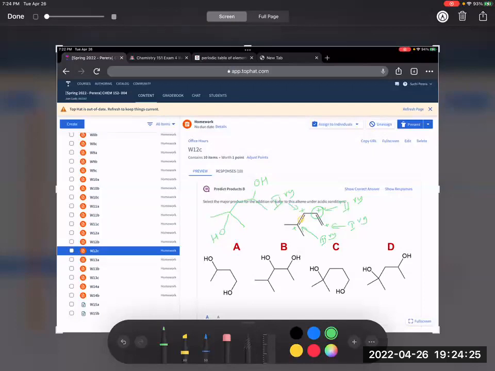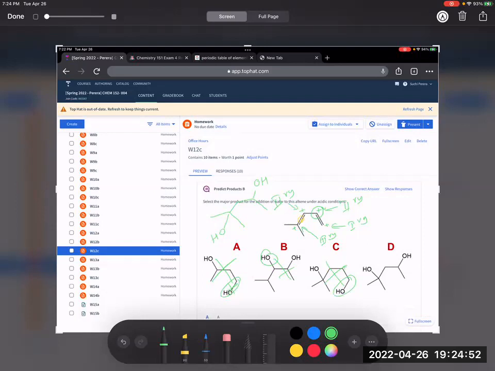So this should be our major product. That doesn't look like A because you have this which is wrong, and it doesn't look like B because this is not the major product of the yellow double bond we talked about here. It doesn't look like C because this is not coming from the most stable carbocation which was formed here.